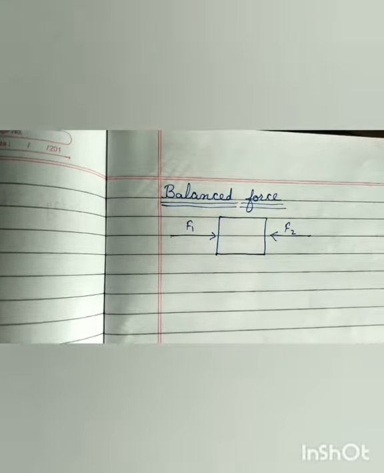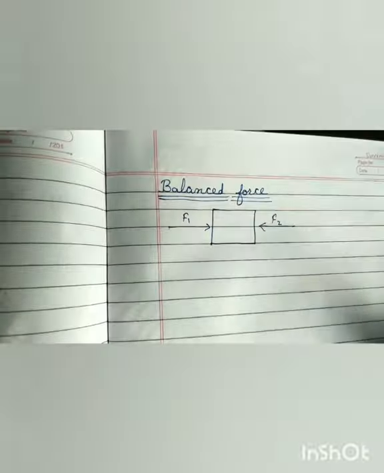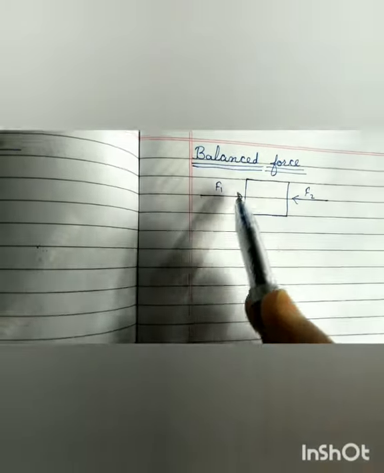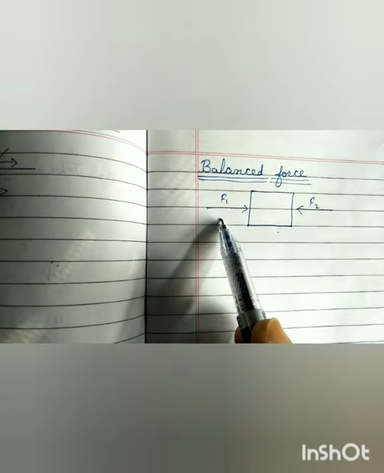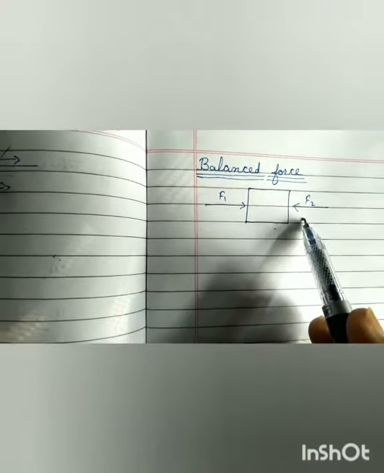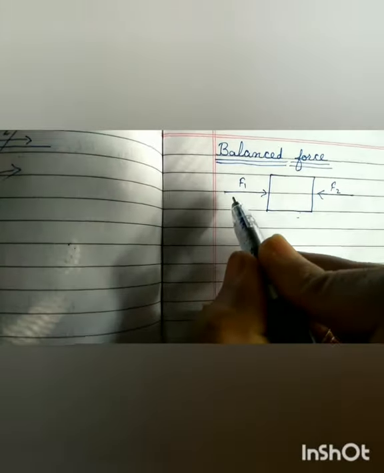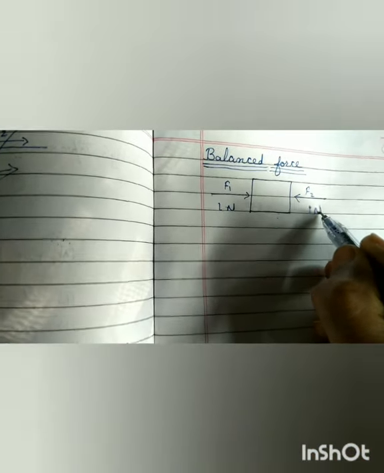So students, firstly we will discuss what we mean by balanced force. For this let us consider an example. Suppose we have an object, and on this object 2 forces F1 and F2 are acting on 2 sides. Let the magnitude of F1 be 1 Newton and F2 again 1 Newton.